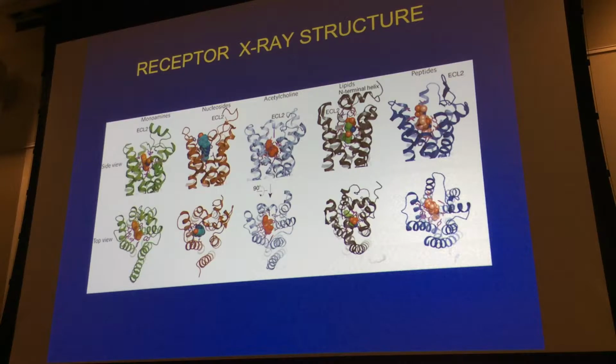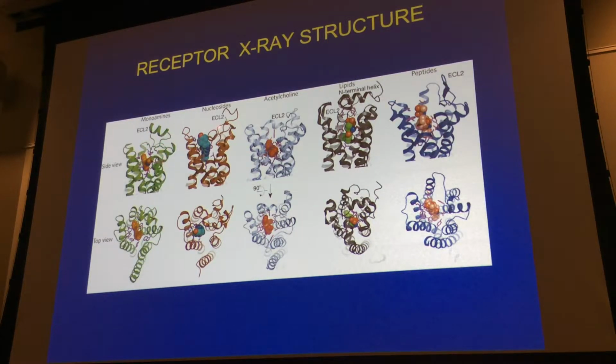Using a series of extremely clever genetic techniques, heroic kinds of things, Brian Kobilka won the Nobel Prize just a few years ago for determining the X-ray structure of these proteins. So now we understand what they look like, and it really is an elegant series of work.